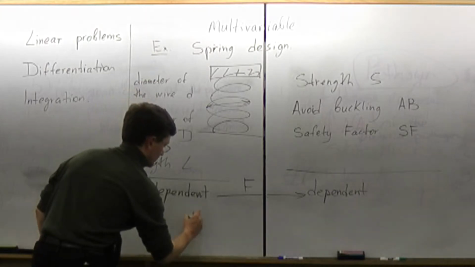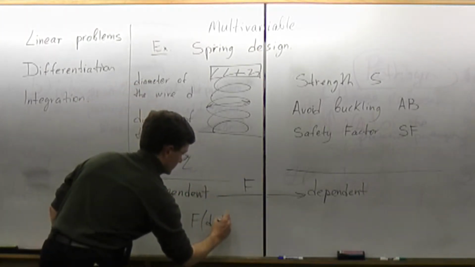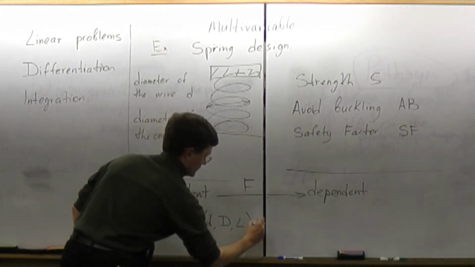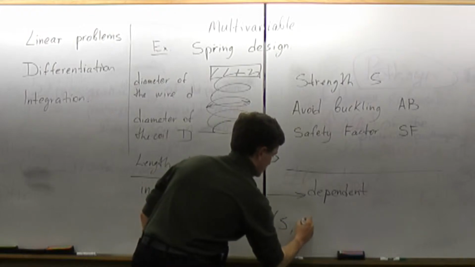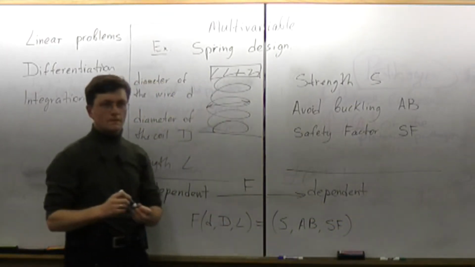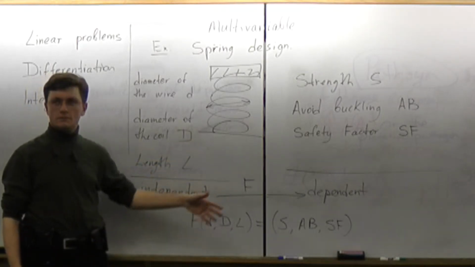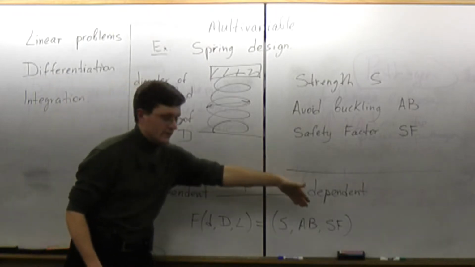So that the value of that function f at the numbers d, capital D, and L is exactly the triple of numbers S, AB, and SF. So that is going to be a typical multivariable function, from 3 variables to 3 variables.